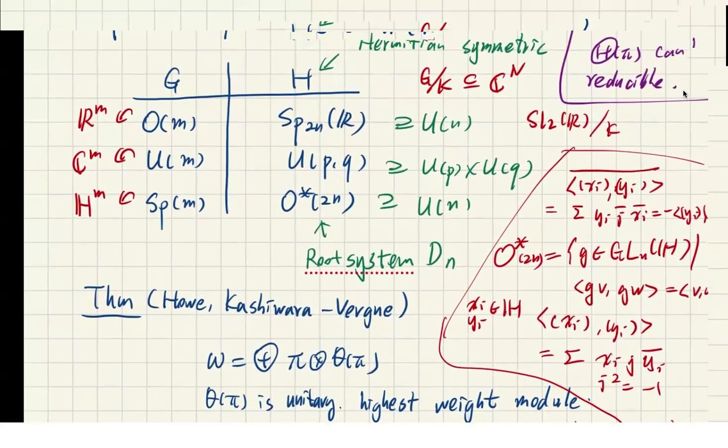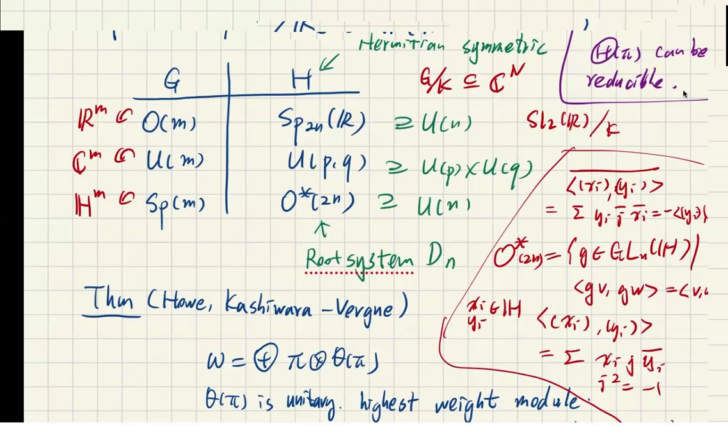Okay, so in this case, this group will have something called discrete series, holomorphic discrete series, or anti-holomorphic discrete series. These are called this because these discrete series representations can be realized as holomorphic sections of vector bundles on the symmetric domain.